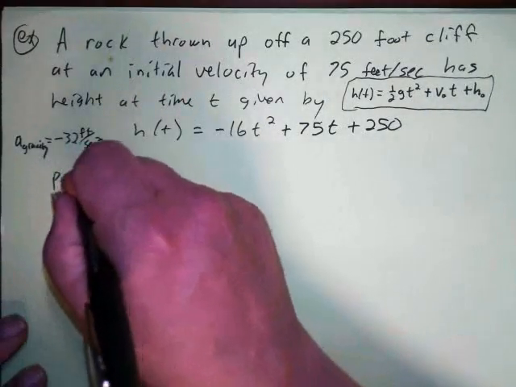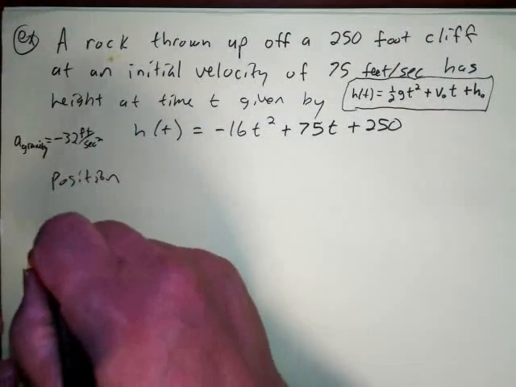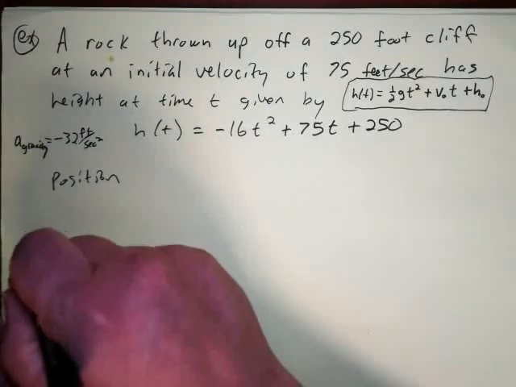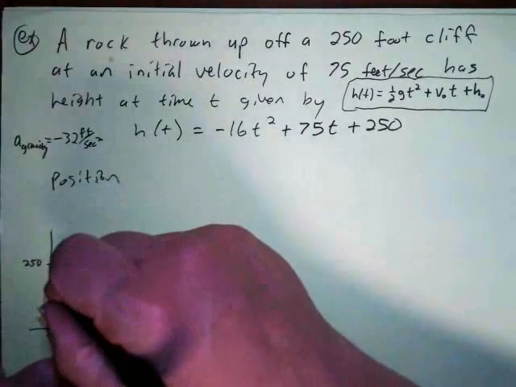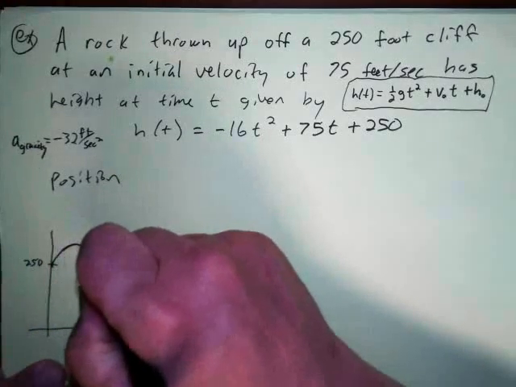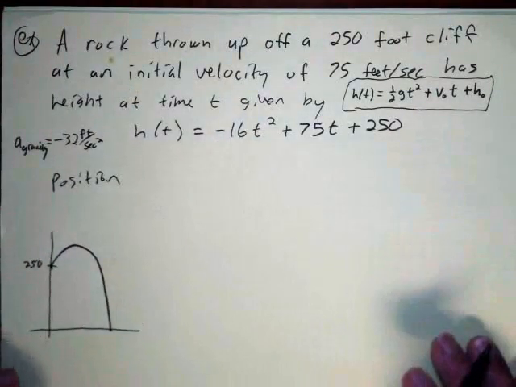The position. So the way that this graph works is like this. You've got like 250 feet, and this object is thrown up, and it's going to reach a maximum height, and then it's going to come down and hit the ground at some point. Okay?